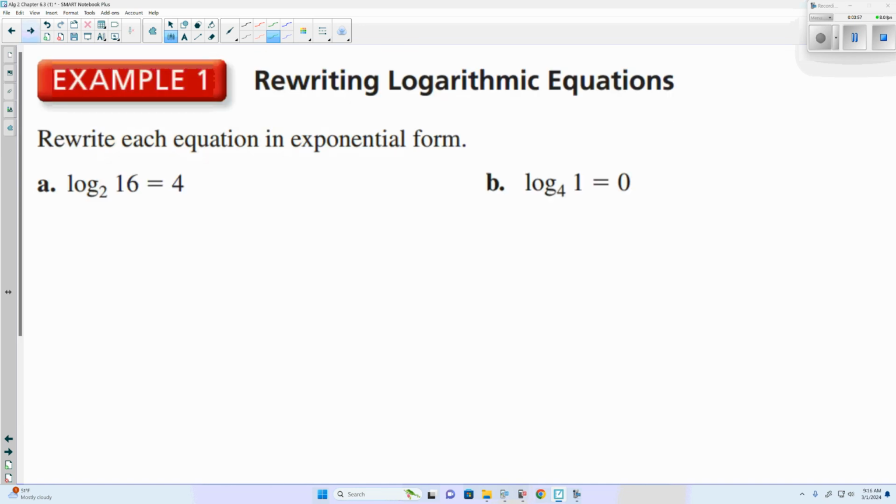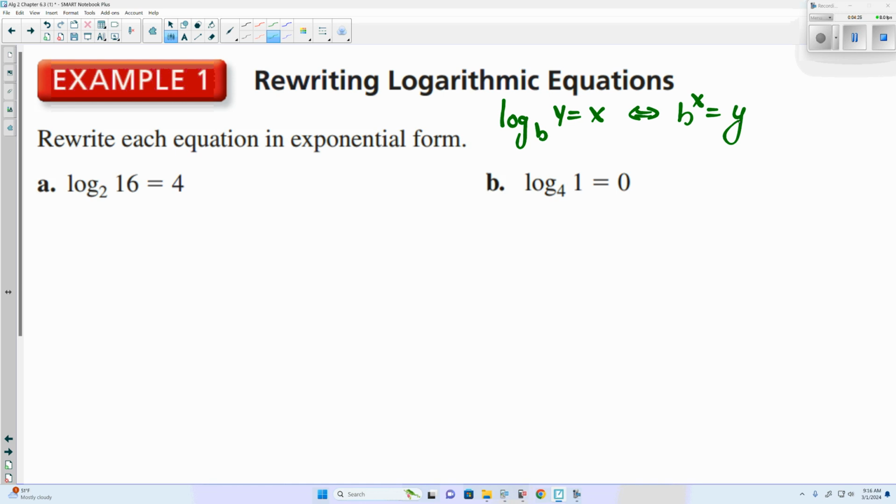So the first thing we do before we solve or do anything else is we're looking at these logs. They give us this, and we want to rewrite it in exponential form. Log base b of y equals x if and only if b to the x is equal to y.